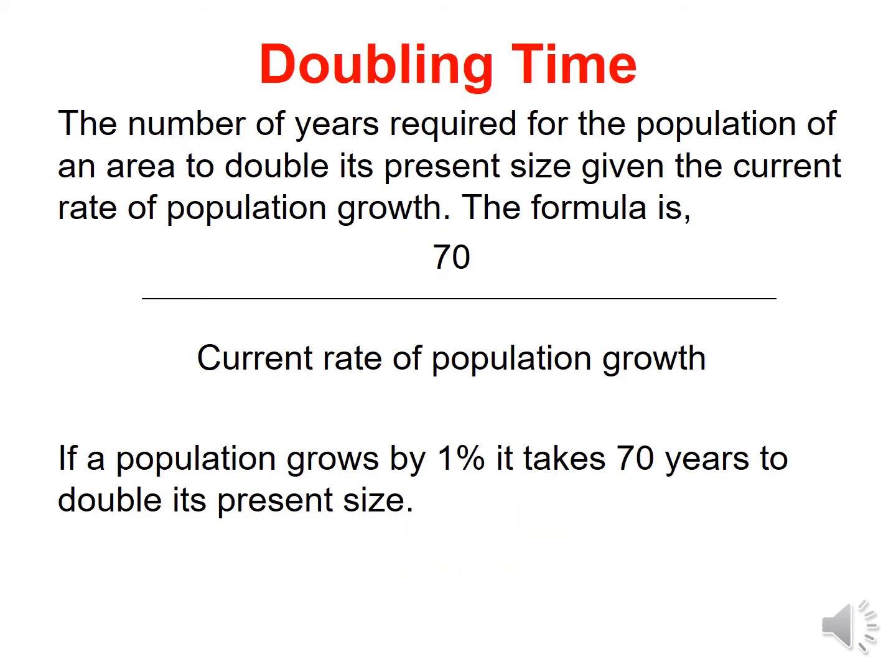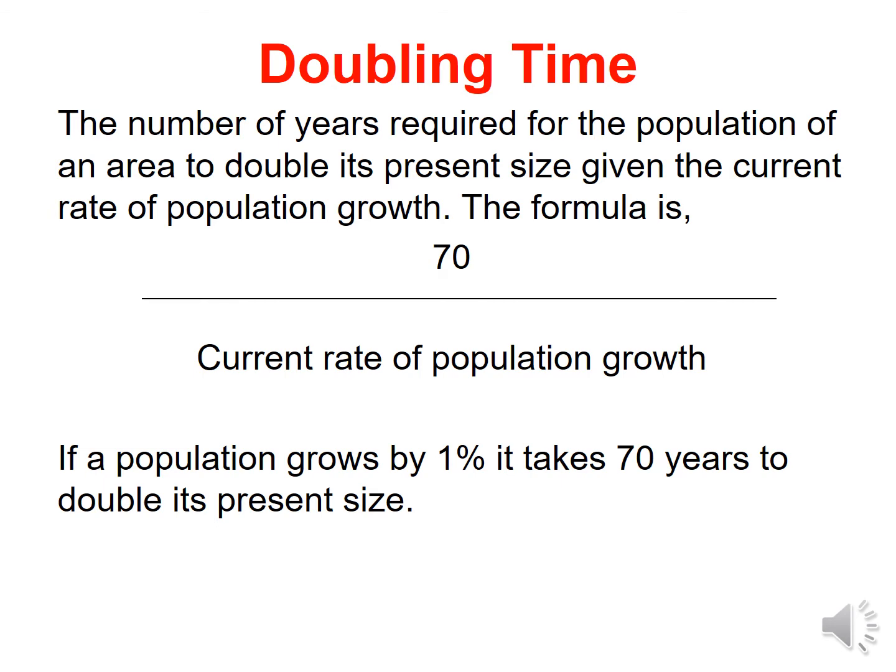Doubling time, or population doubling time. It is the number of years required for the population of an area to double its present size given the current rate of population growth. In other words, it is the time in which the population of that area may double.